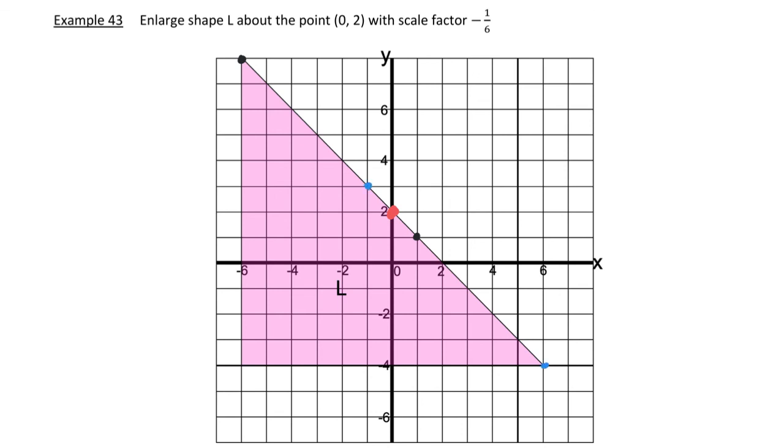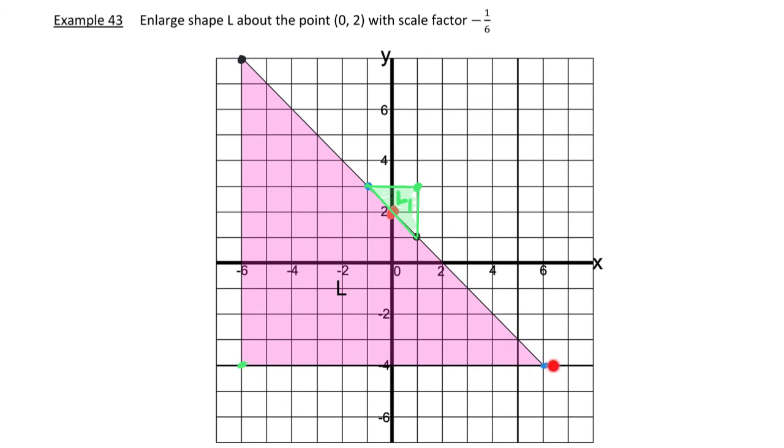And the last one then, to get from the centre to the point, we'll go left 6 and down 6, which means go right 1 and up 1. So then the corresponding point of the bottom corner is here. And we can join those up with the construction lines. And we've got the triangle L1.